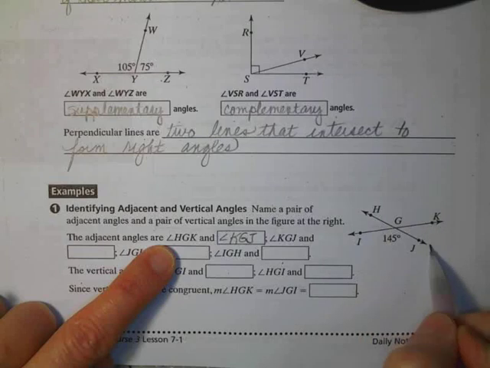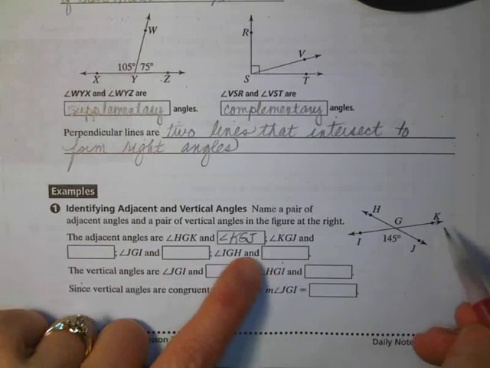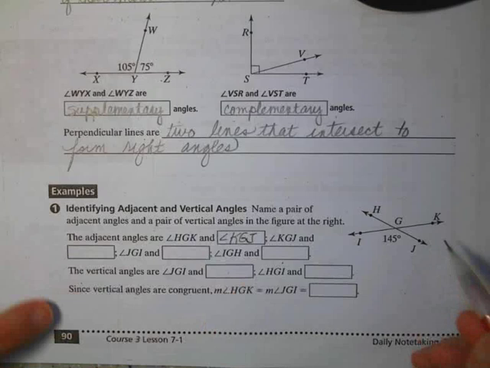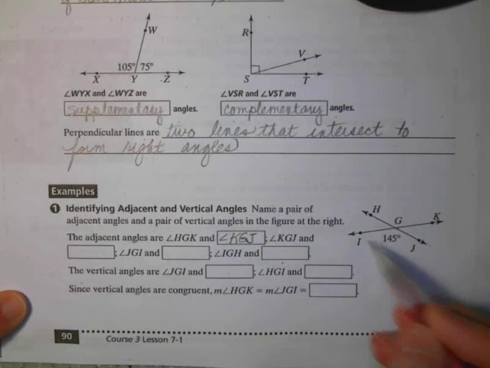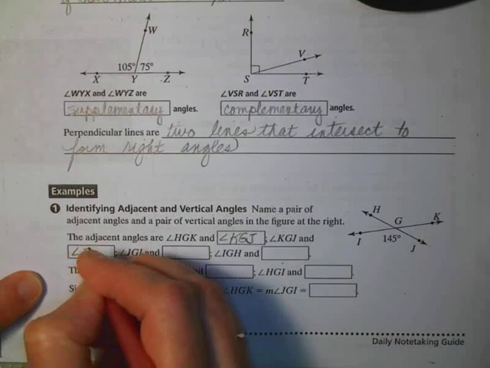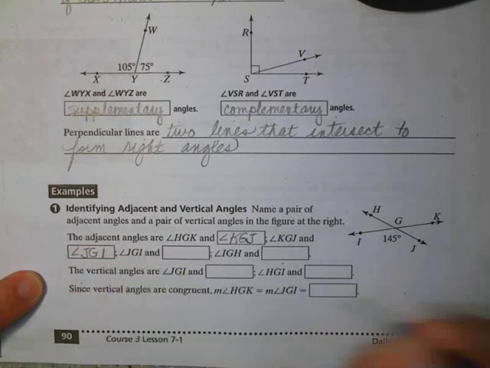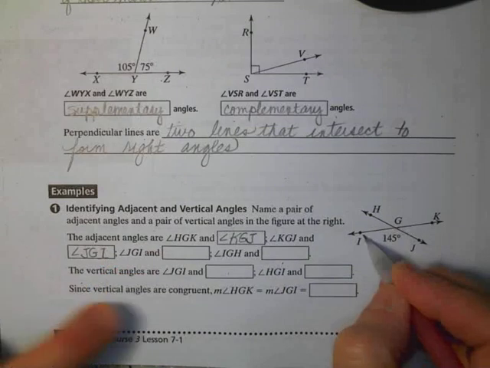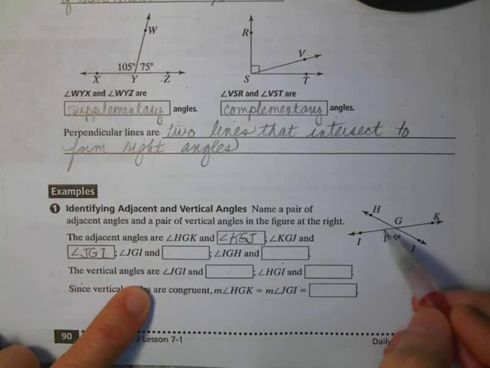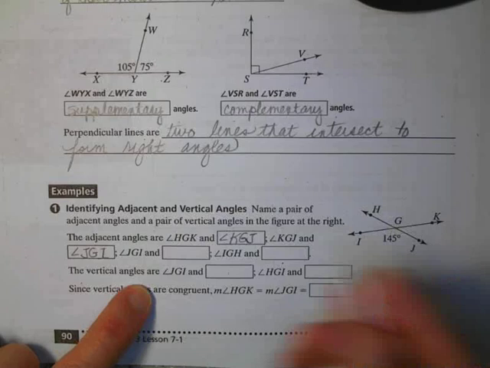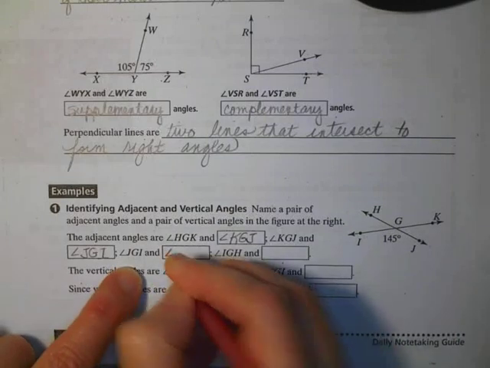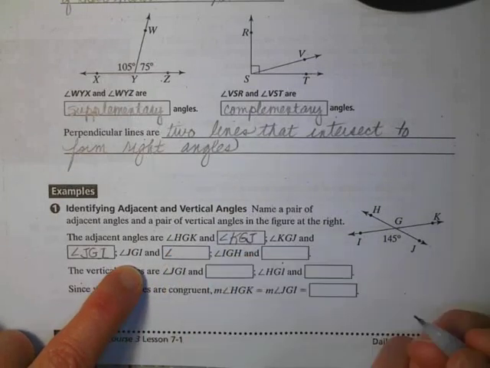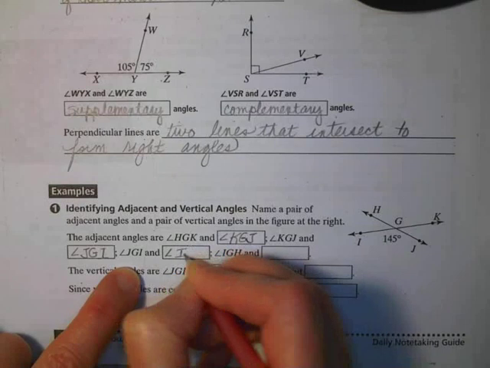Angle KGJ, so here and here. Now, to KGJ, we could also say that angle JGI is adjacent. Angle IGH would be adjacent to angle JGI.